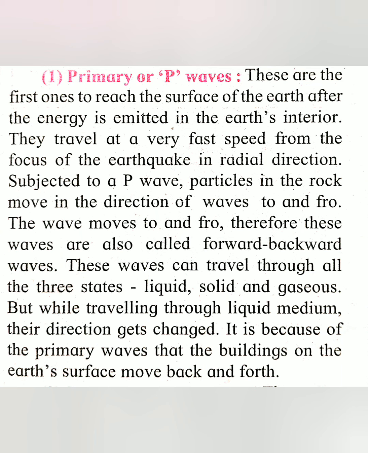These waves can travel through all the three states: liquid, solid, and gaseous. But while traveling through a liquid medium, their direction gets changed. It is because of the primary waves that the buildings on the Earth's surface move back and forth.